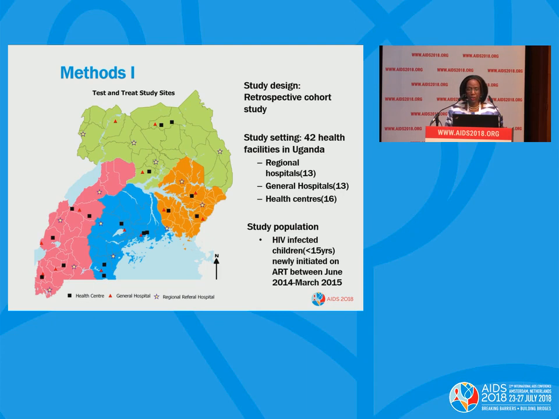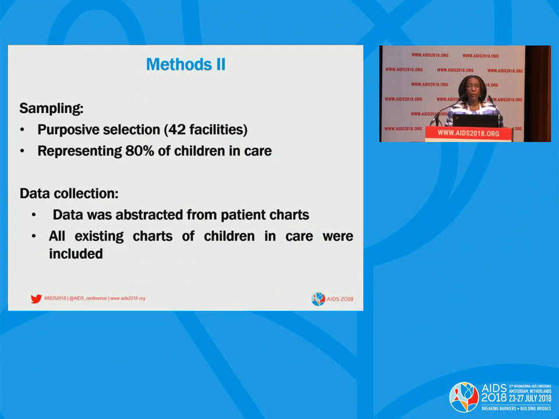The study population, as you've heard, were children less than 15 years, and we studied those children who were initiated on ART between June 2014 and March 2015, after complete rollout of the test and treat guidelines. We purposefully sampled 42 health facilities because these contributed 80% of the children, excluding the centers of excellence. Data was abstracted from patient charts of children in care.